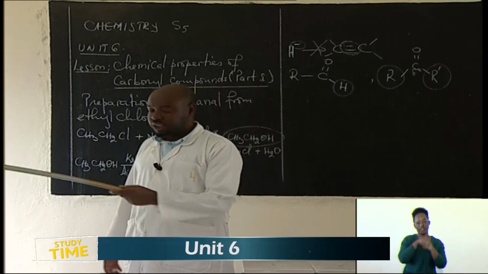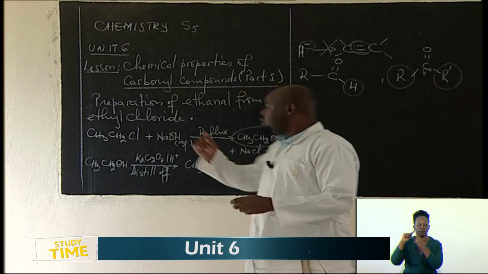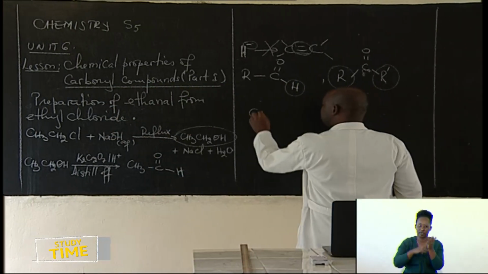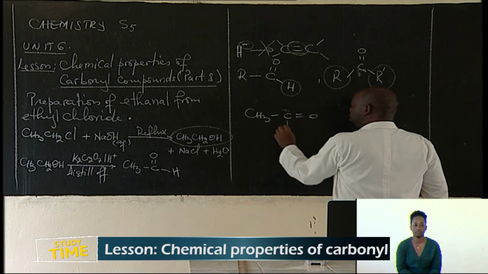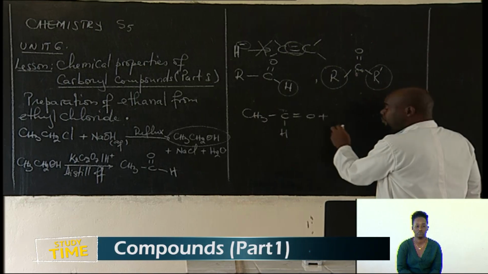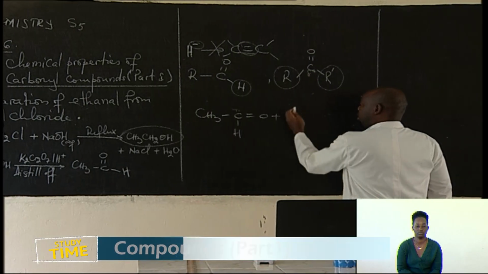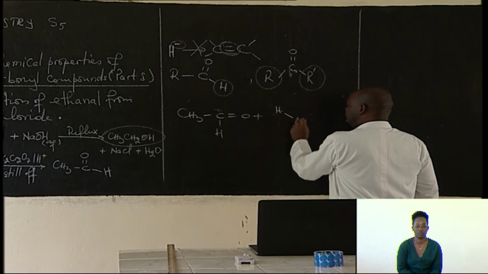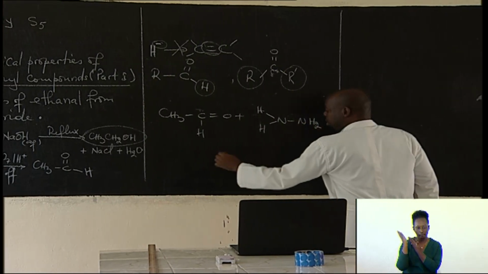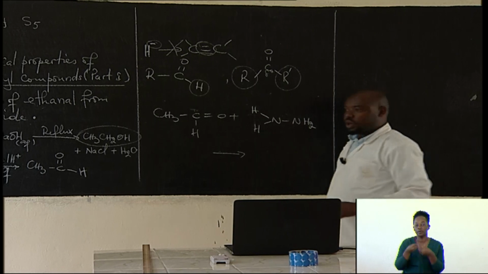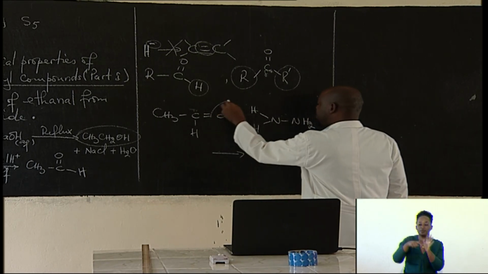The hydrazine, if we use this hydrazine, what do we get? CH3CHO plus, let us say, H2N-NH2. What will be the product? Here we have to show that it's very simple.